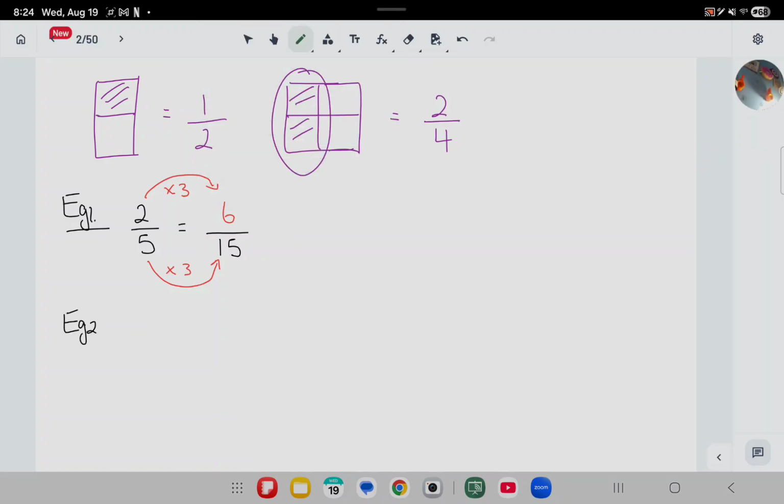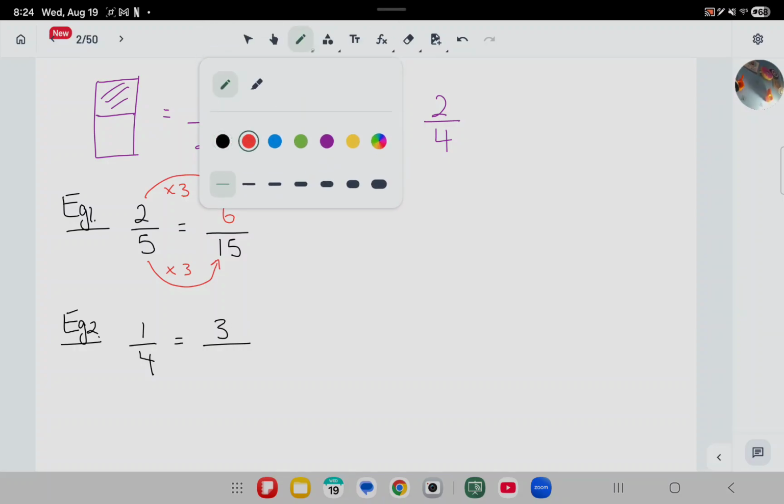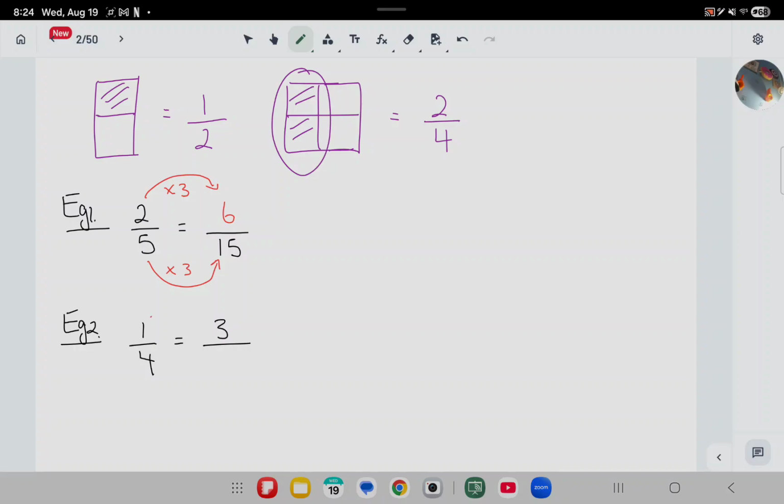Let's look at the next example here. Let's say we have 1/4 is equal to, let's say, 3 over some number. Again, we moved from 1 to 3.